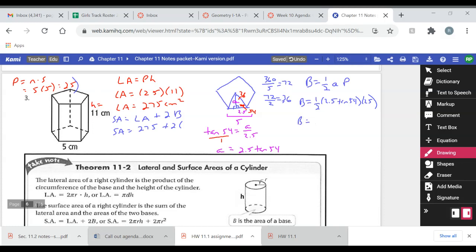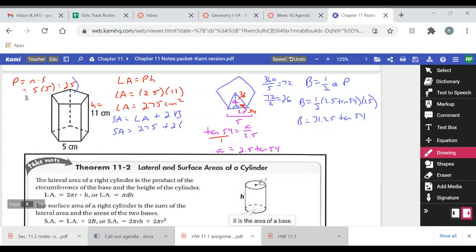And now if I go ahead and get that simplified down a bit, if I do 0.5 times 2.5 times 25, I get 31.25 tangent 54. Okay, yes, it's a decimal, but I didn't round anything. When my calculator says 31.25, that's not a decimal that keeps going. So that's still exact.